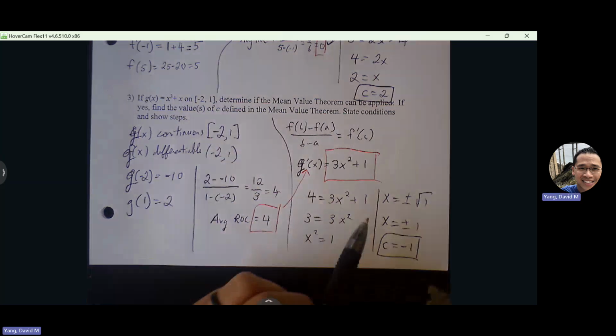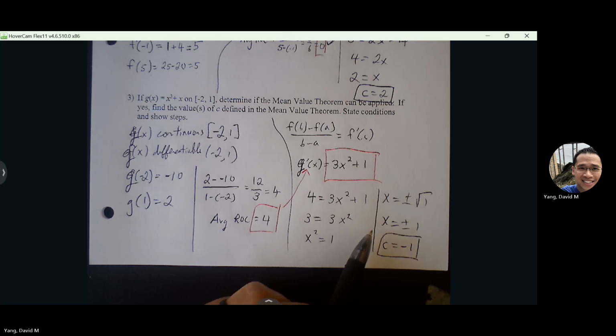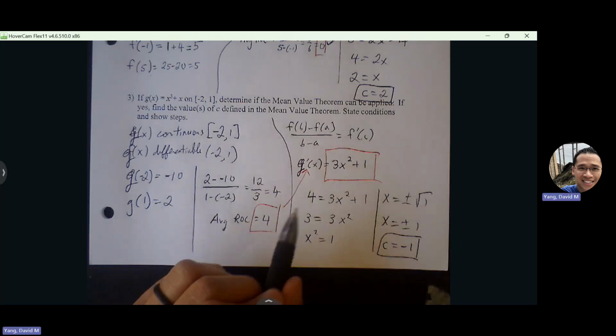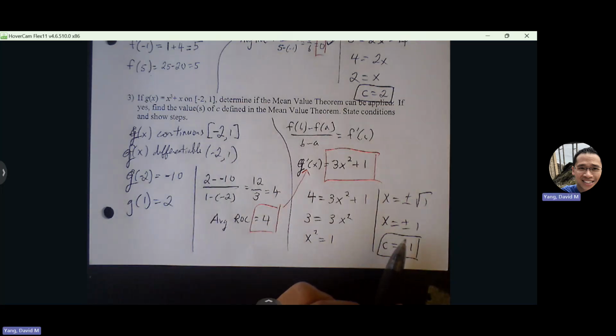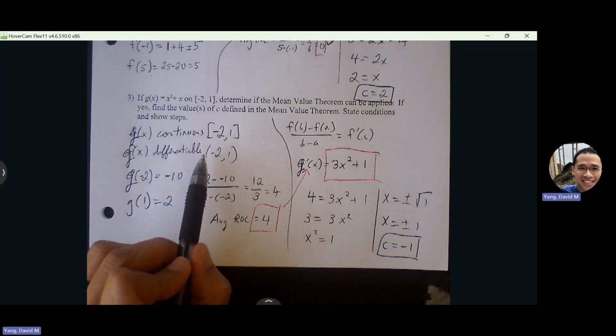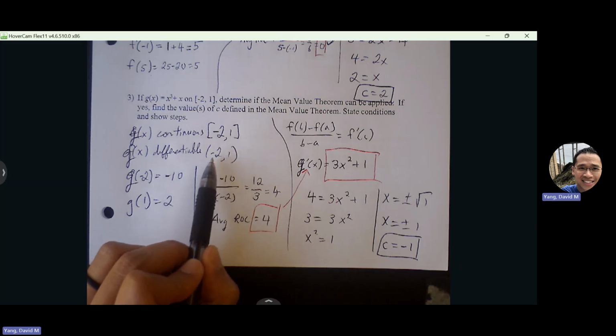I'm not exactly sure. There must be a condition somewhere that the mean value theorem is not able to guarantee this location. I think the reason is that it's only guaranteed to be differentiable between -2 and 1.